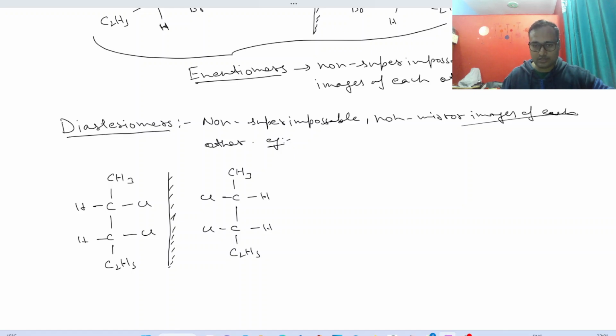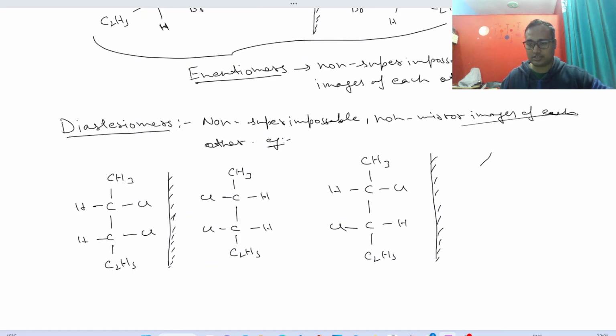We can draw one more isomer for this compound: CH3, C, Cl, H, C, H, Cl, and then C2H5. This compound has two chiral carbons. All of them have two chiral carbons, and its mirror image can be drawn as CH3, C, Cl, H, then C, H, Cl, and then C2H5.